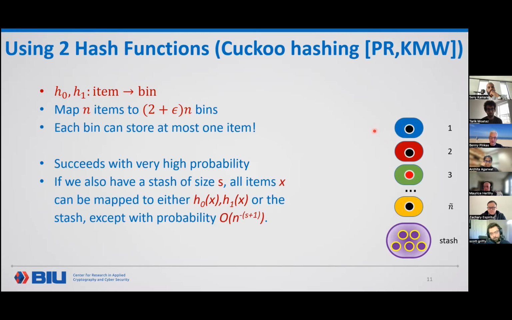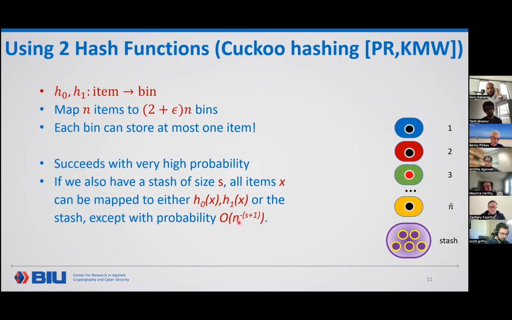And this freedom is very useful because it's known that if you map n items to a linear number of bins, just about 2n bins, then this hashing succeeds with very high probability. More specifically, there's a theorem saying that if we have a stash of small size, let's say a stash of s additional places, and (2 plus epsilon)n bins, then this hashing, when you map an item either to H0 of X or H1 of X, or if both are occupied, you put it in the stash, succeeds with very high probability.